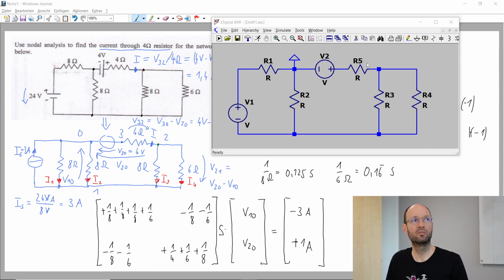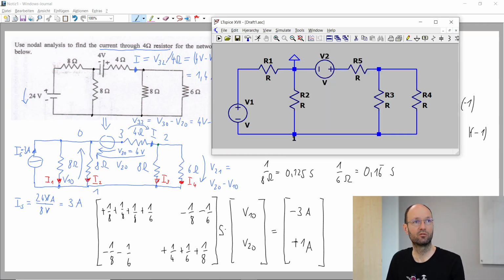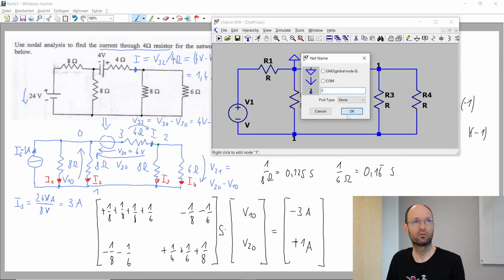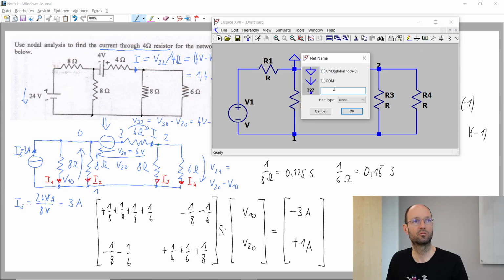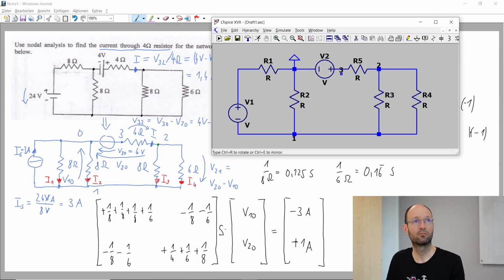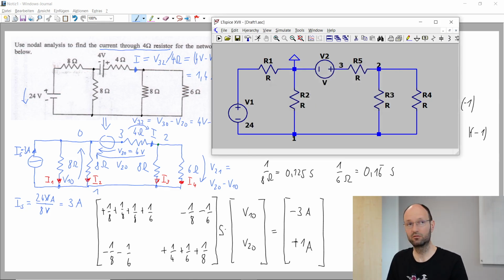And I can label this node here as 1 and this node here as 2, so that we also directly get the nodal voltages. I could also label this one here as 3. And now we need to set the values, so this should be 24.